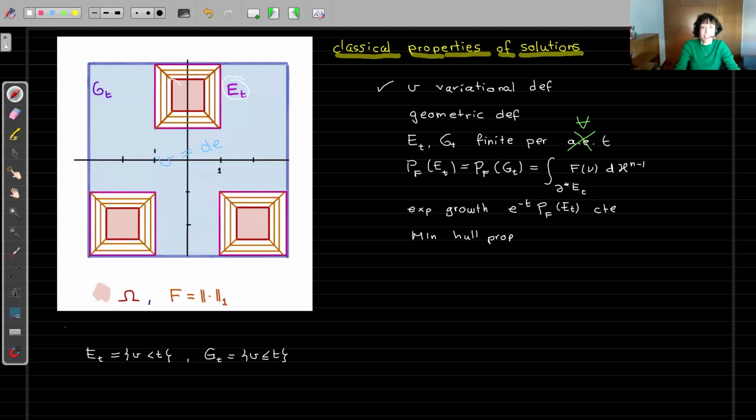And at this stage, I'm happy to see that we proved all of them. Obviously with more work, because our notion of solution is harder and it's in a geometric measure setting. So for us, it's like 12 proofs instead of half a page. But we get all that, so what else would you dream of?